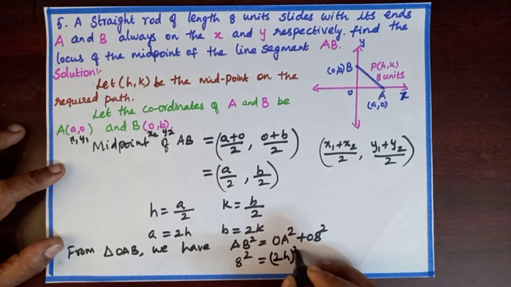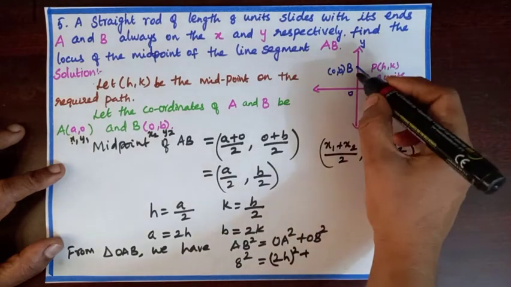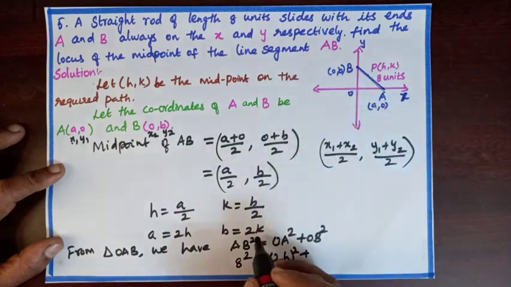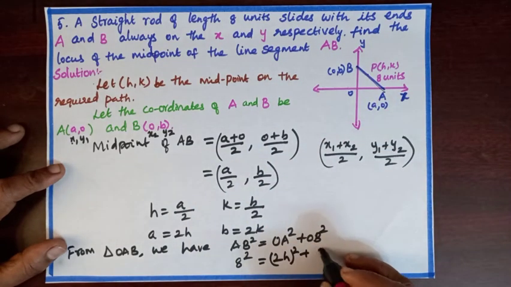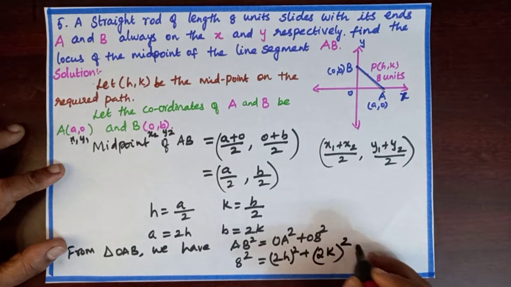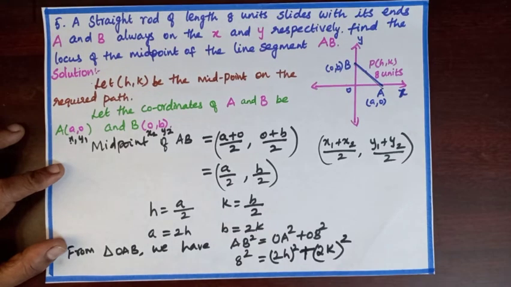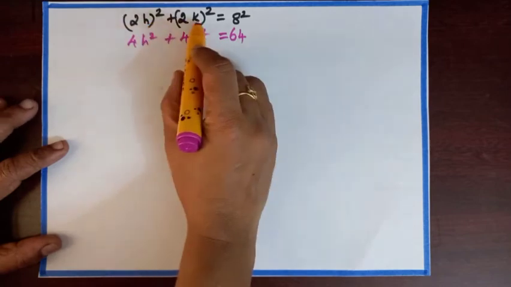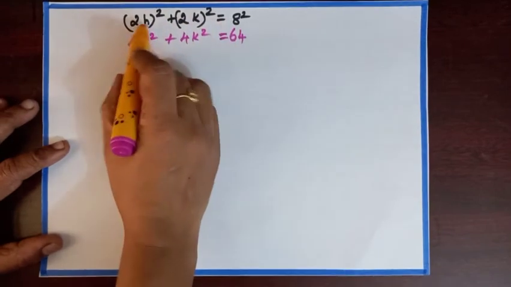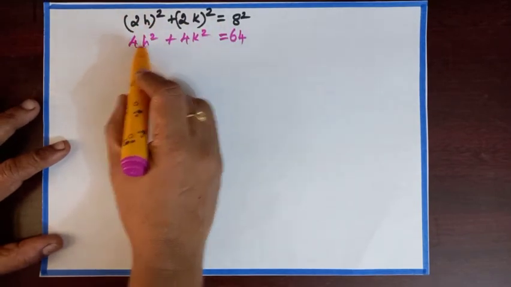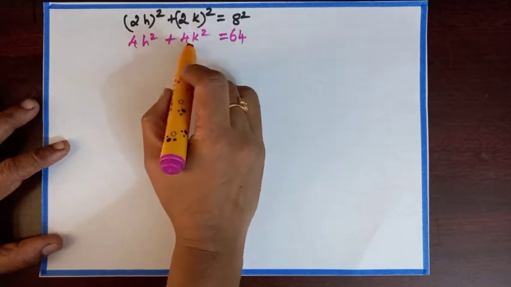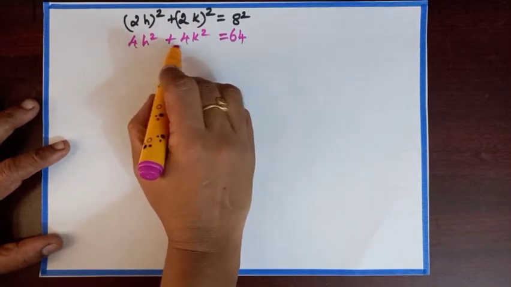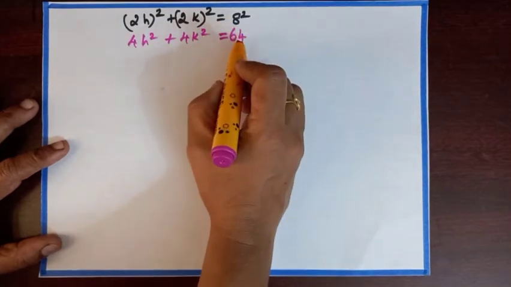OB square, b is 2k, so 2k the whole square. (2h) square plus (2k) square equal to 8 square. 2h the whole square is 4h square, 2k the whole square is 4k square. 4h square plus 4k square equal to 8 square, which is 64.